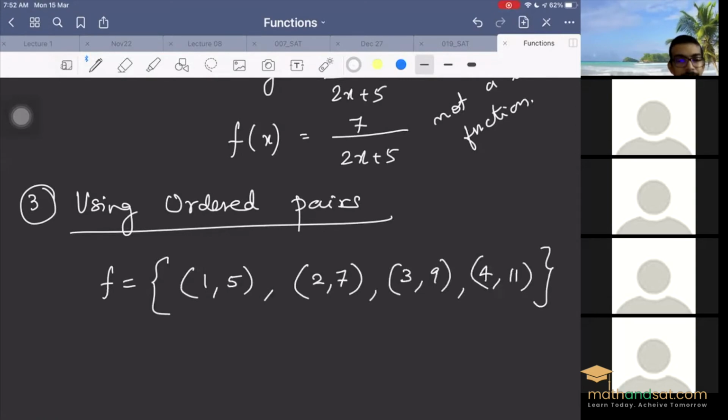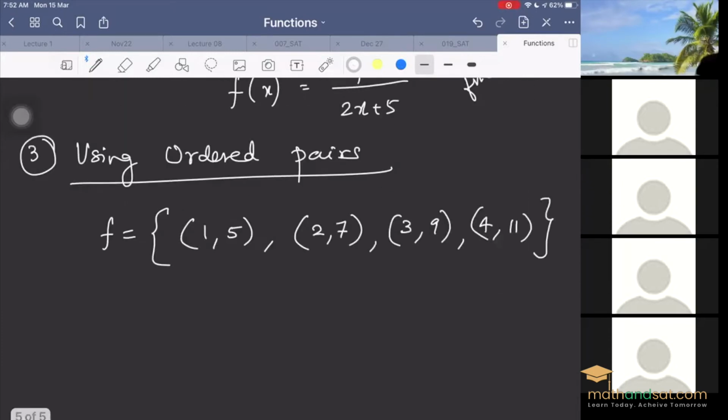Now, how can you tell that this represents a linear function by just looking at these ordered pairs? Or instead of ordered pairs, you have a table. See, both are the same. Instead of representing it as ordered pairs, an input-output table.